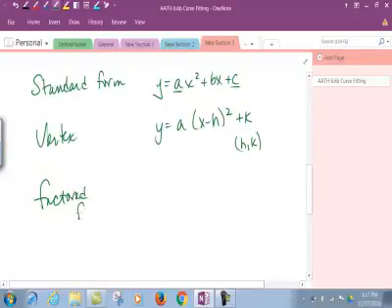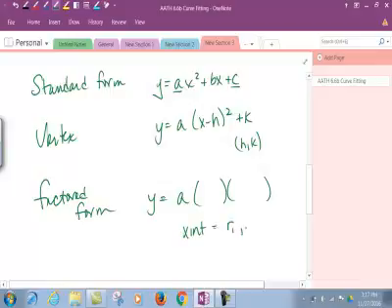The factored form looks like this: y equals a again, and then we have the quadratic factored. Whatever the x-intercepts are, and we're going to call them r1 and r2, the binomial has the opposite sign, so (x minus r1)(x minus r2).